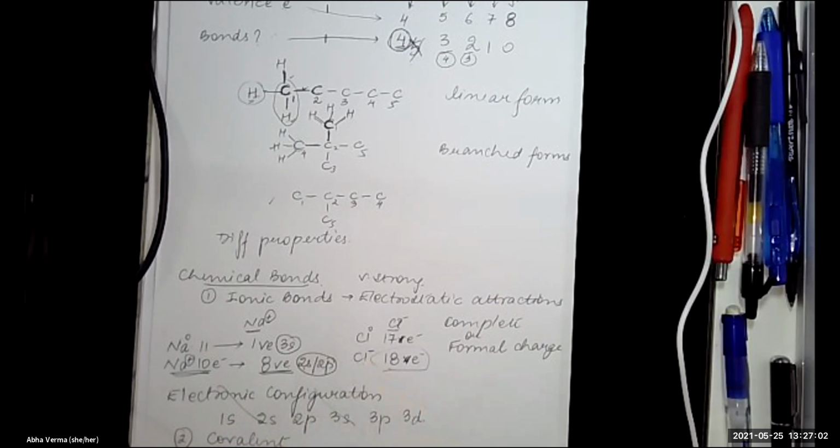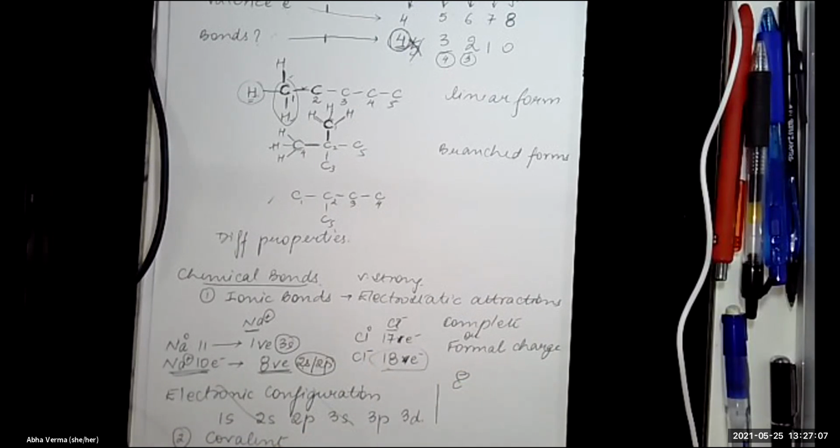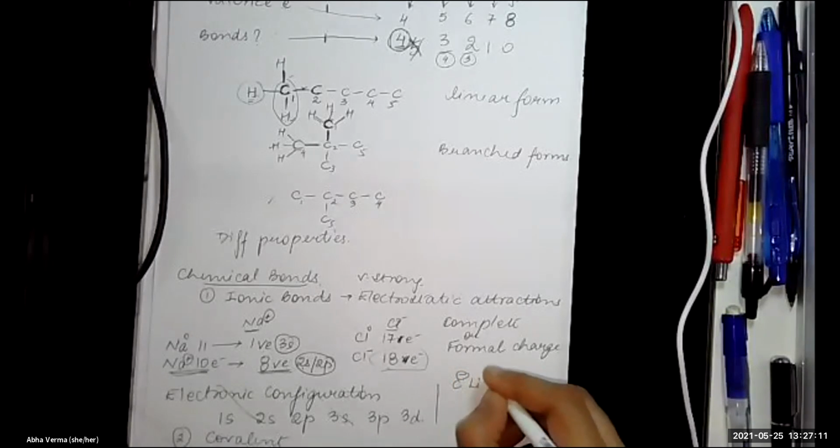But why did I show you the ionic bonds? Sometimes, just sometimes, carbon will also become a negative charge, and it can attach itself to a metal ion. Please remember this, very important. All metal ions will have a positive charge.